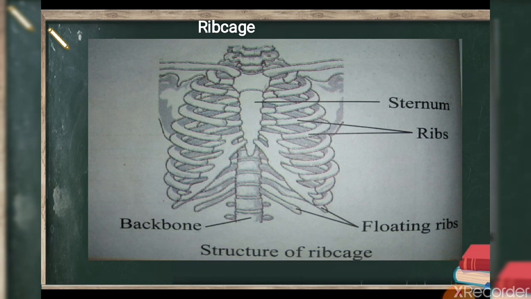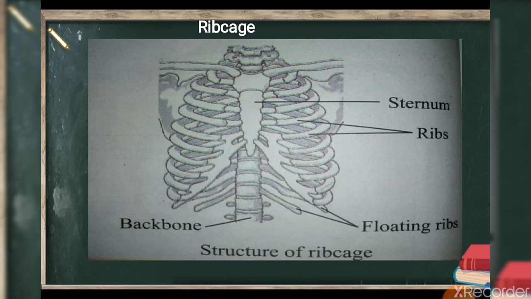However, the last two pairs of ribs are not attached to the sternum. Yes, the last two pairs are not attached. They are just hanging and hence are called floating ribs. Always keep this in your mind: the last two ribs are not attached to the sternum. These are called floating ribs.